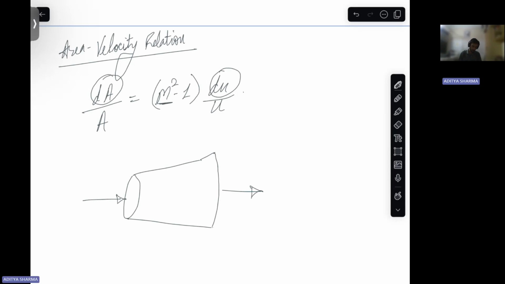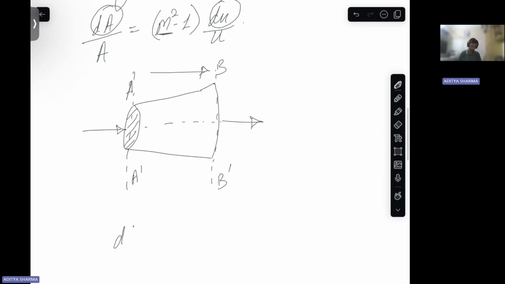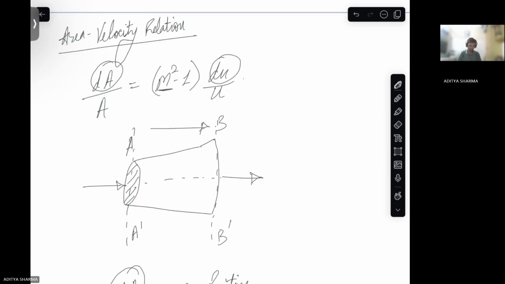If you move from A dash to B dash, your cross-sectional area is increasing in this direction. In that case, your change in area dA will be positive, correct?